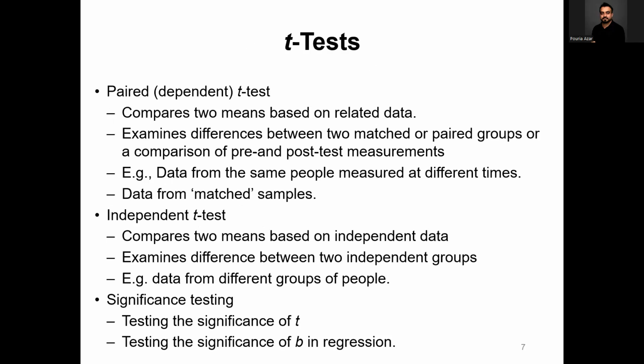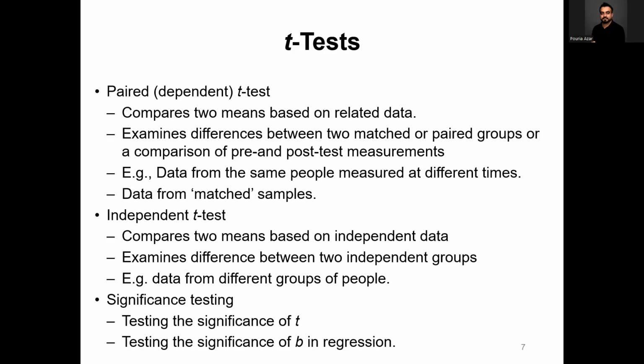So paired t-test or dependent t-test. Whenever we say paired t-test, it means dependent t-test. Here we are comparing the differences between pre and post test measurements. So for example, if we have data from the same people measured at different times, we can use paired or dependent t-test.